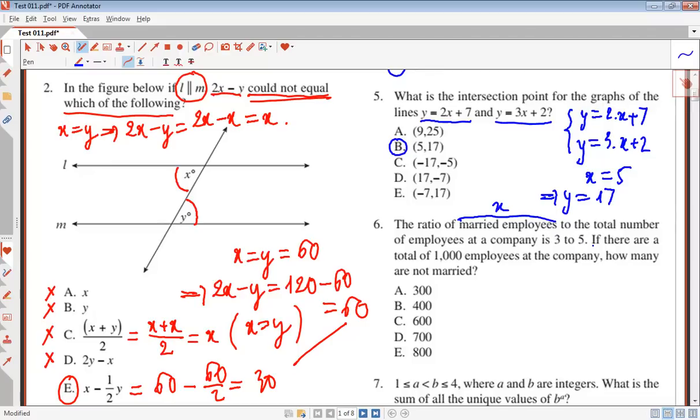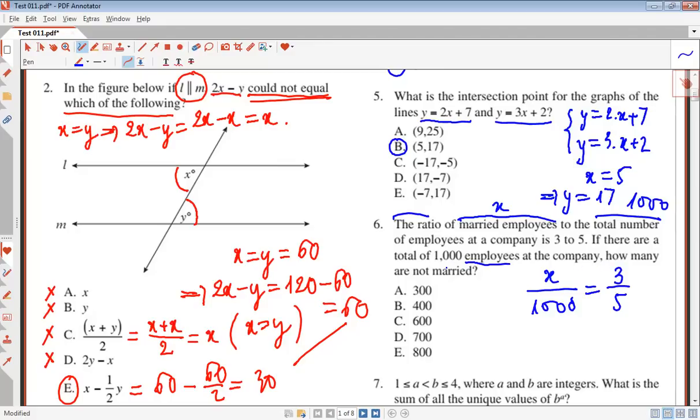No, I think we should continue reading. If there are a total of 1,000 employees at the company, the ratio of s to the total number 1000 here, and so we have s over 1000 equal to 3/5.